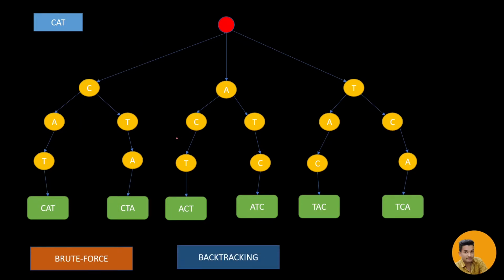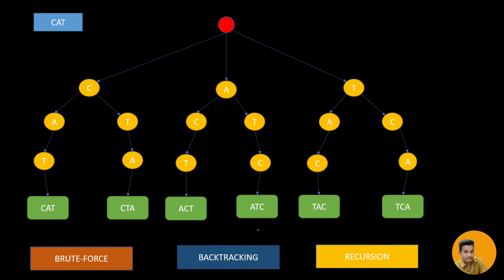We are going back, reconsidering our solution and then coming back. And this backtracking is achieved by going back and calling that procedure again. So that is recursion. Brute force is because we are finding all possible solutions, backtracking is because we are reconsidering the solution, and to apply this backtracking, we are using recursion.